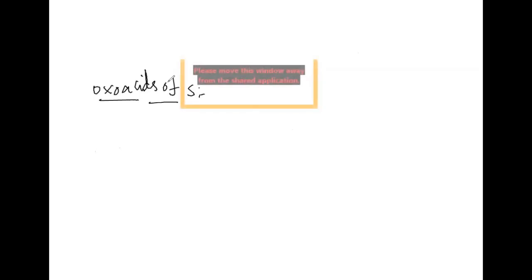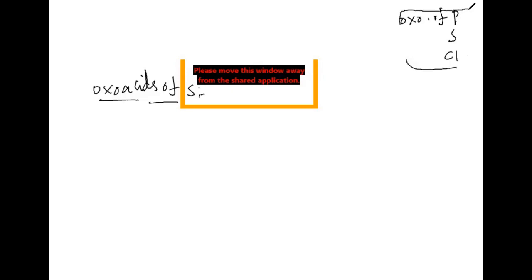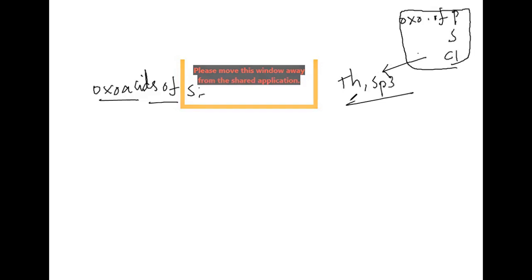I said one point clearly. If you take oxo acids of phosphorus, oxo acids of sulfur, oxo acids of chlorine, in all the cases we can see tetrahedral geometry and sp3 hybridization. This is a blind mark for all oxo acids.